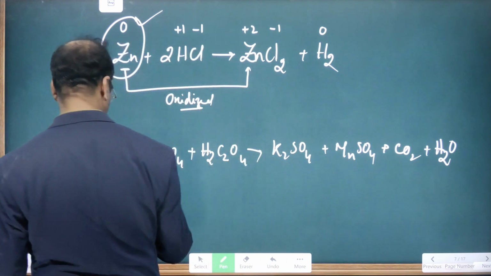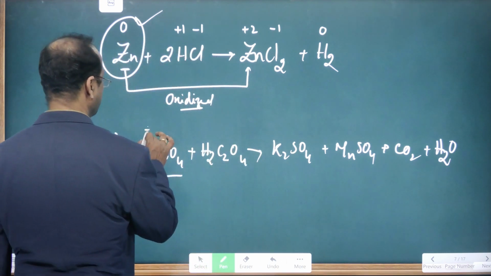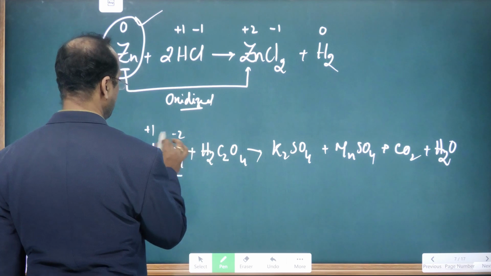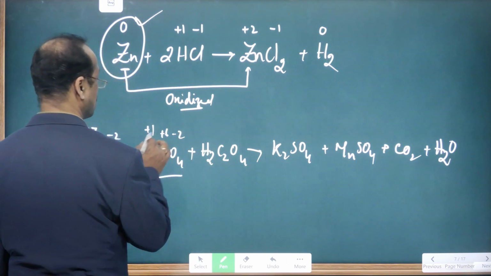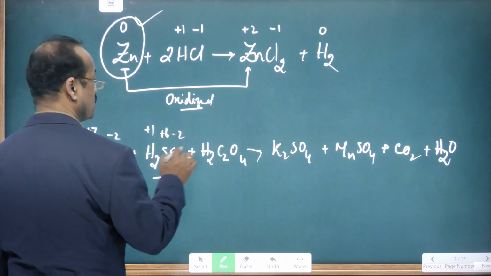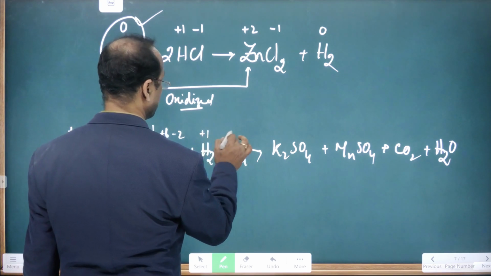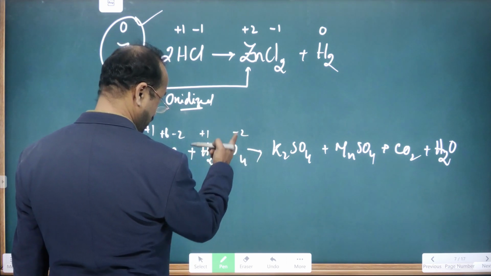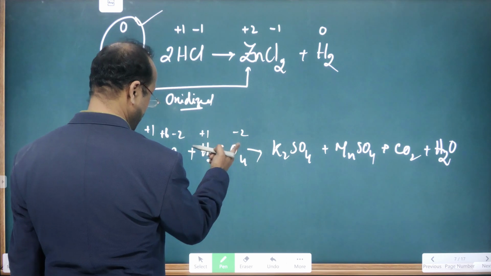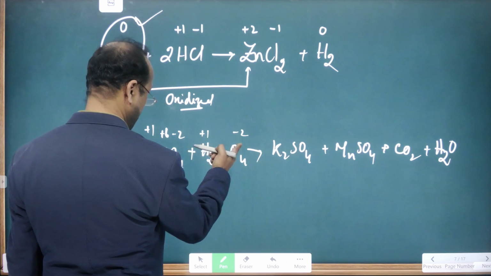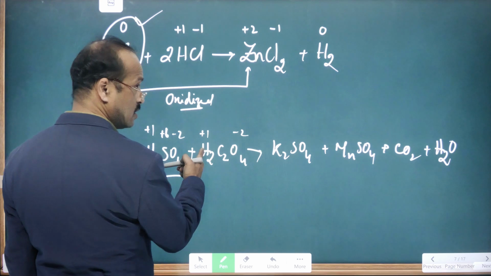Otherwise, we take here. Now here hydrogen is +1, oxygen is -2. So here sulfur is +6. Already we discussed how to find the oxidation number. Hydrogen is +1, oxygen is -2, so -2 fours means -8, and this is +2, -8 +2, so -6.